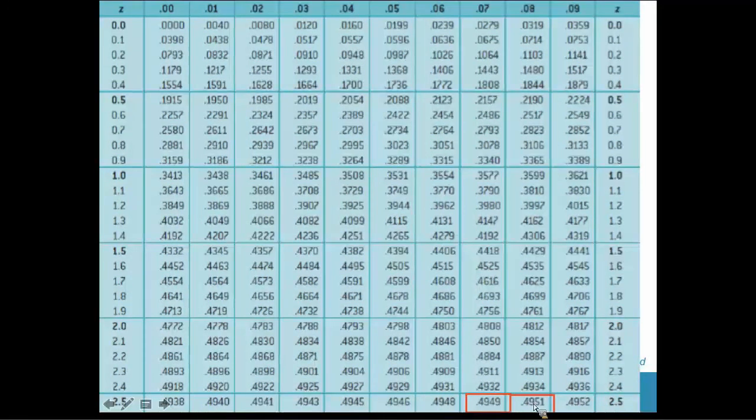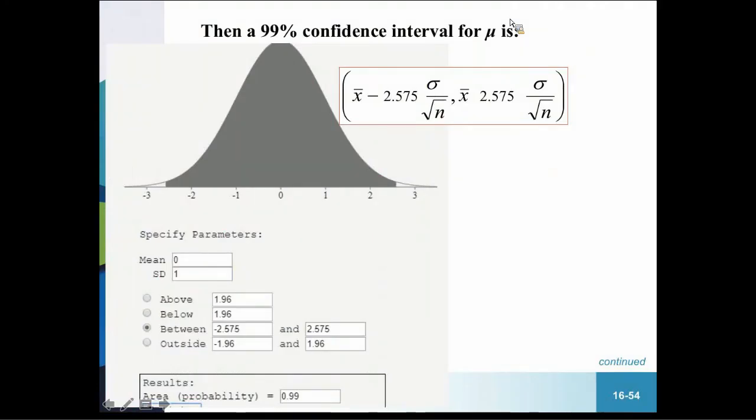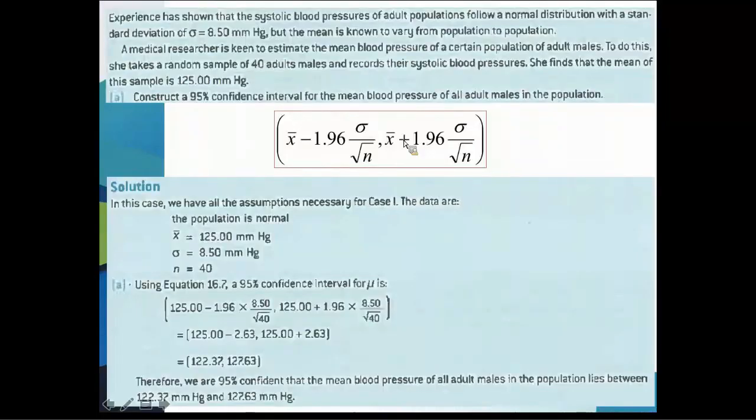So what sort of z-score would that be? Here we go, 0.4949 and 0.4951 exactly splits the middle, 0.495, 49.5%. So the z-score is 2.575. So our z-score to be 99% confident is 2.575.